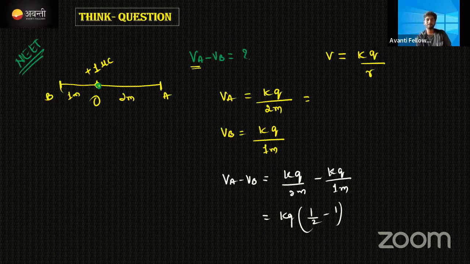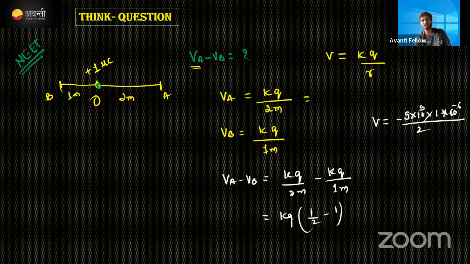So the potential difference is equal to minus 1 by 2 times K, which is 9 into 10 to the power of 9, times Q, which is 1 microcoulomb, that is 10 to the power of minus 6, divided by 2. 9 by 2 is 4.5.